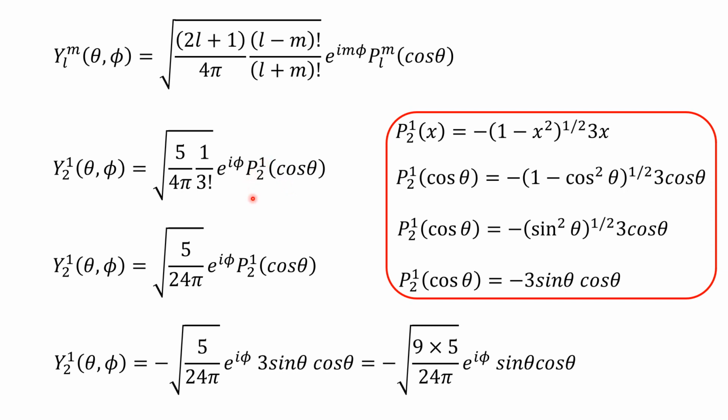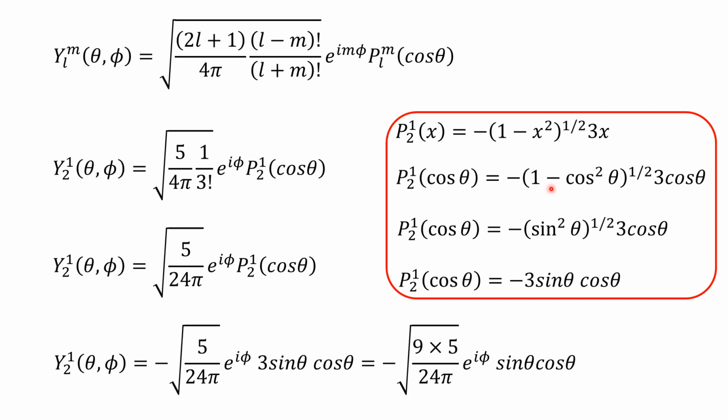Now 3 factorial is 6, 6 into 4 you will get 24. That's what I have written here. And now our task is to find P21 cos theta. We have seen just now P21(x) is equal to minus (1 minus x squared) power half times 3x. Now you replace x by cos theta, both left hand side and right hand side. So 1 minus cos squared theta power half and 3 times cos theta.